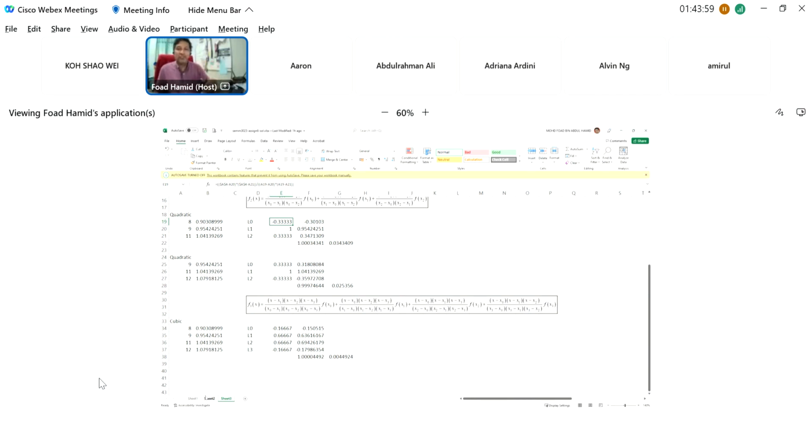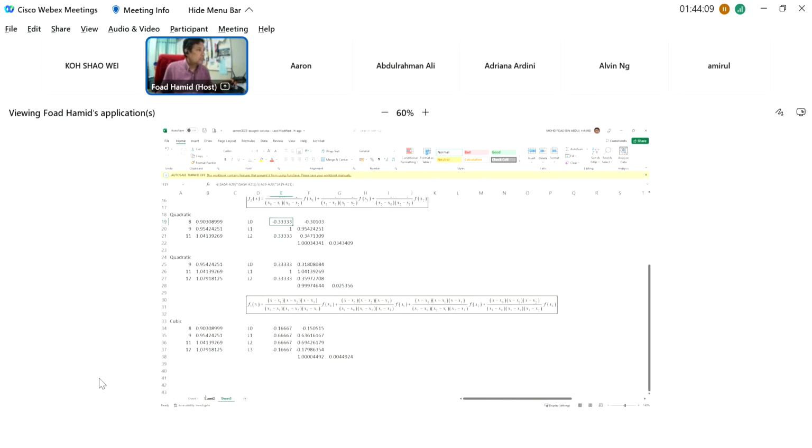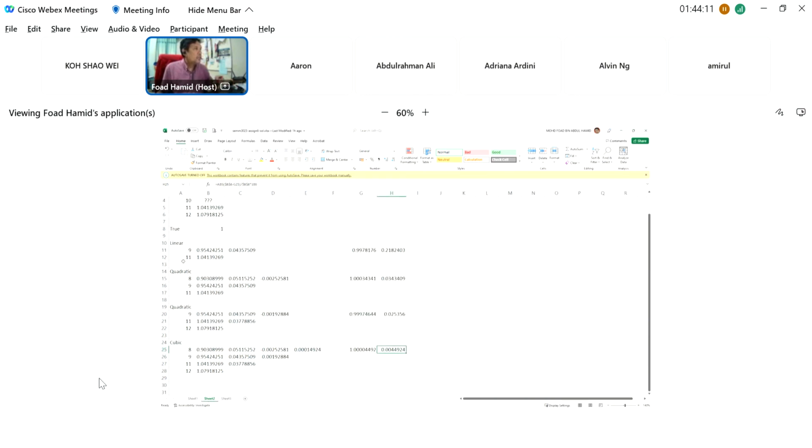We do not need to recalculate because with Newton divided difference, if our x naught is the same, our b naught will be the same. Our b1 will be the same.